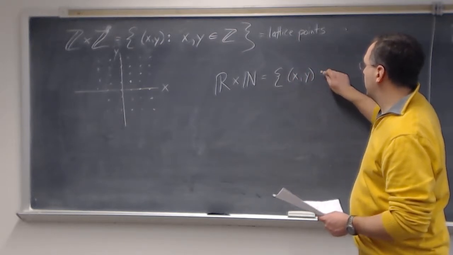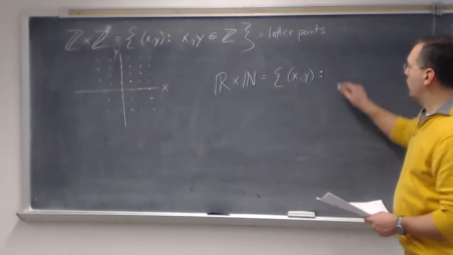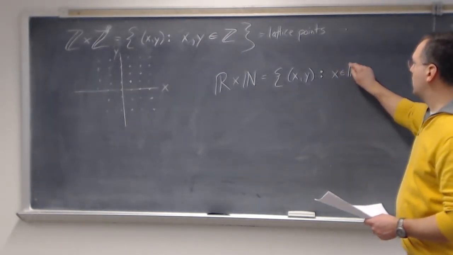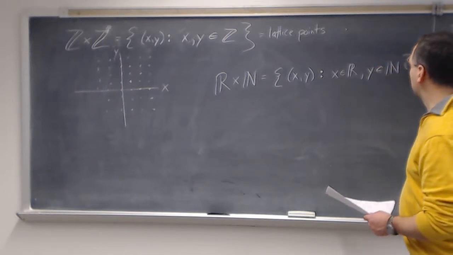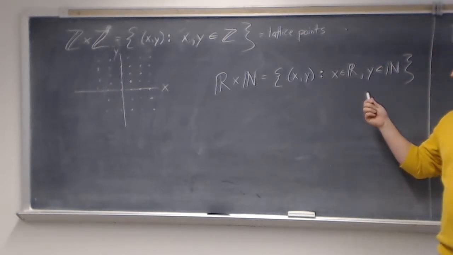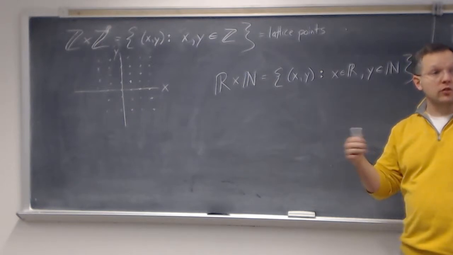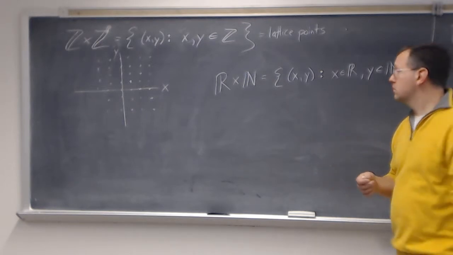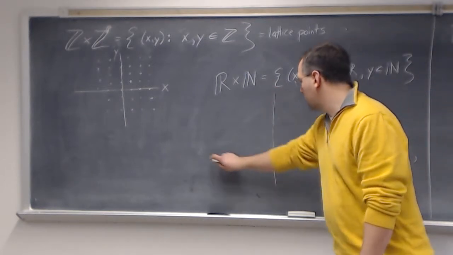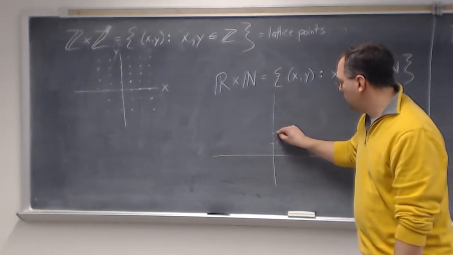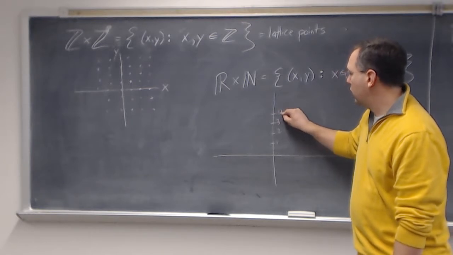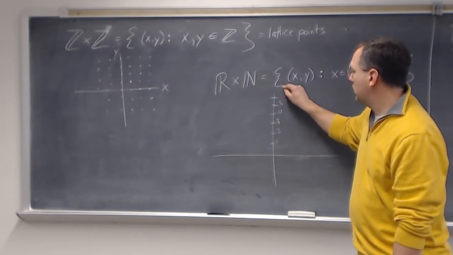They're a set of ordered pairs x, y, where x is a real number, but the y coordinates are all natural numbers. The y coordinates are only allowed to be numbers like 1, 2, 3, 4, 5, and so on. So what would this look like?